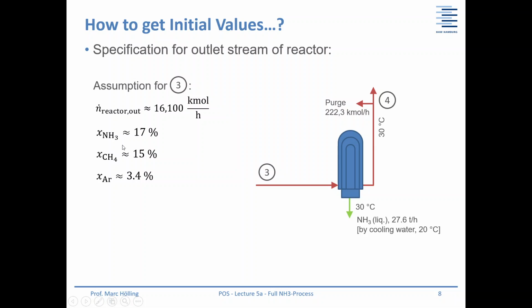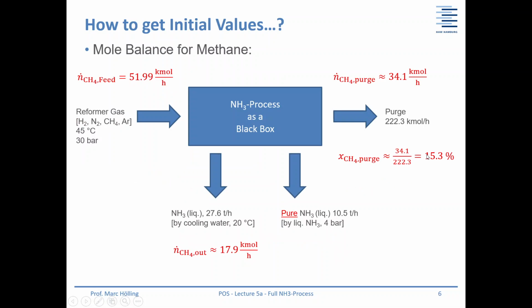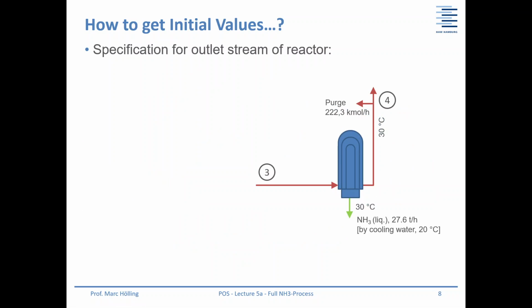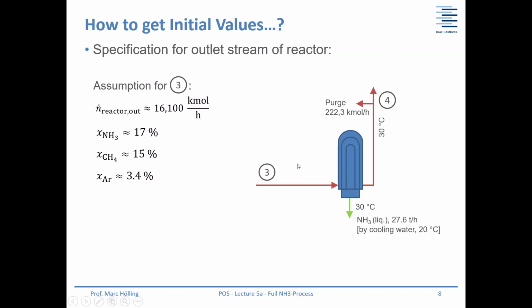Then let's assume 17% of ammonia at the outlet, and we calculated the mole fractions for our purge flow: 15.3 and 3.5. Since we are just talking about initial values, we don't need the exact values, we just need a reasonable guess.